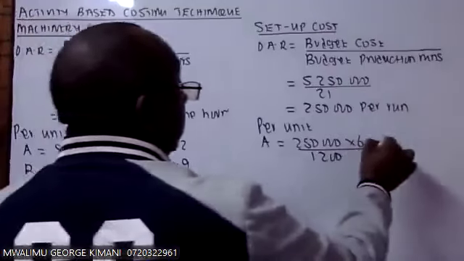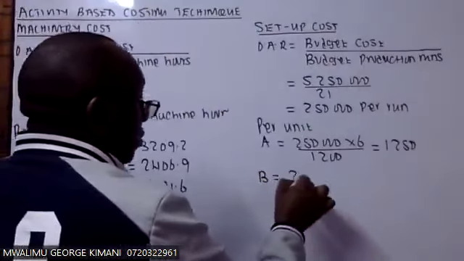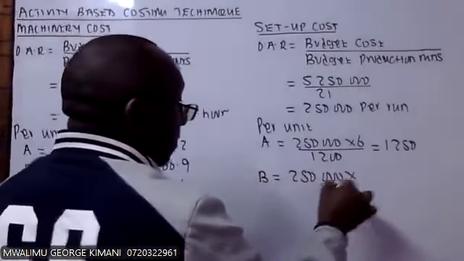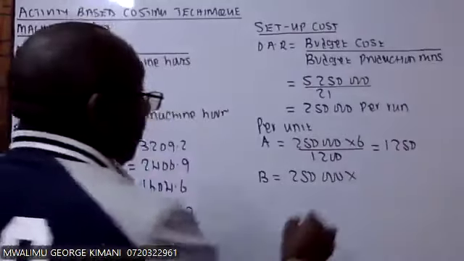$1,250. B, we do the same. You take these 250,000, you multiply by the number of runs, which are 5.